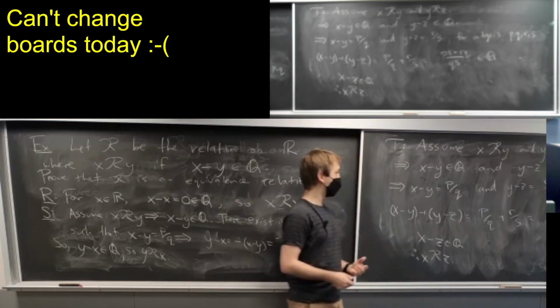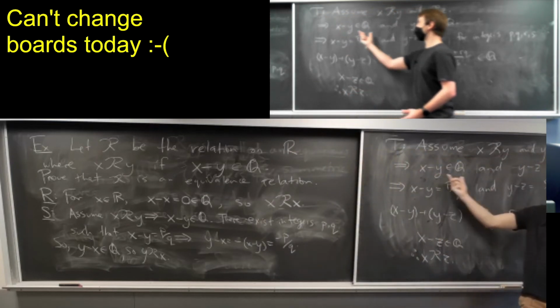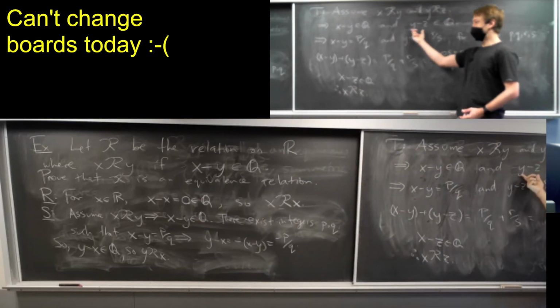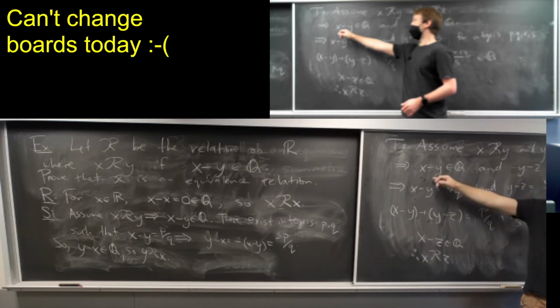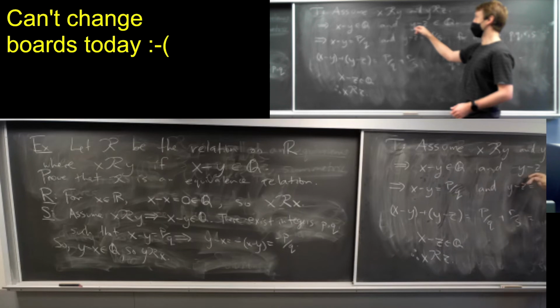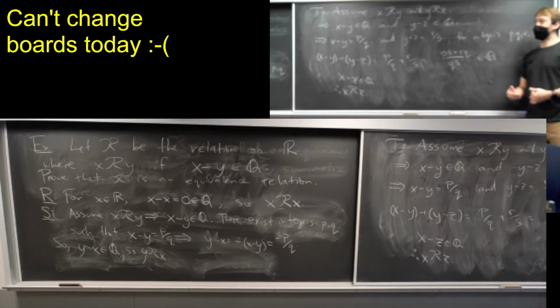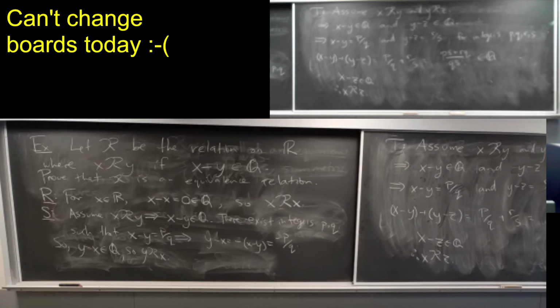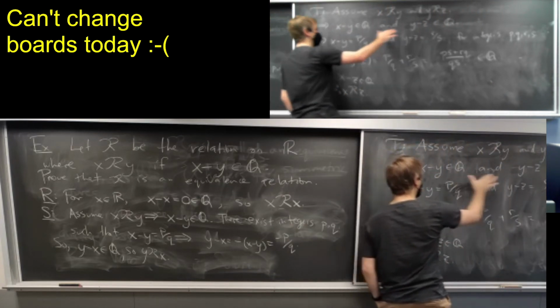And then just observing that from these two numbers, I can get to my x minus z by adding them, because if I add x minus y and y minus z, that's going to cancel the y's. There is a bit of a leap in logic there that you have to recognize what's going to happen.